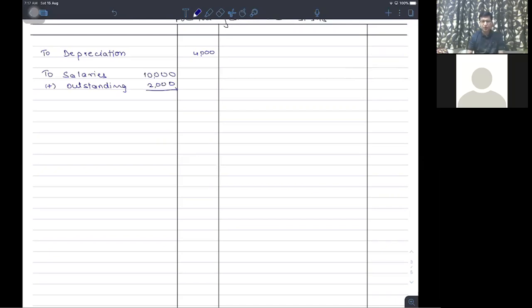In fact, I'm solving it in a bit different way as compared to what I do in the case of foundation, because in CA foundation there we have the stress on more of the accounting than only the add and less method. Here, for the sake of your understanding, I'm doing it like this.